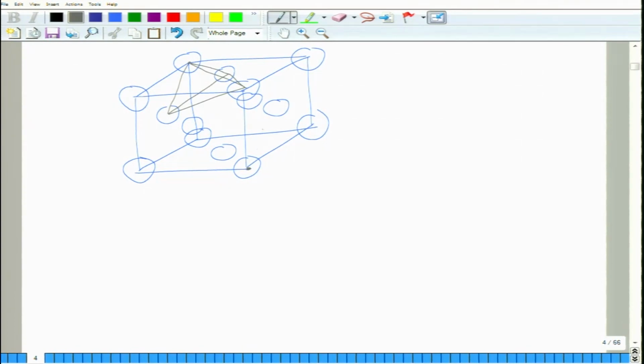Similarly, if you connect this atom with this atom, and this atom, and if you connect them with each other, you will make a tetrahedra. So, these are basically tetrahedral voids. They are located along the body diagonal. So, this position is 1 by 4, 1 by 4, 1 by 4 type.